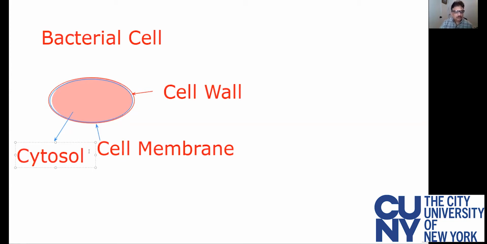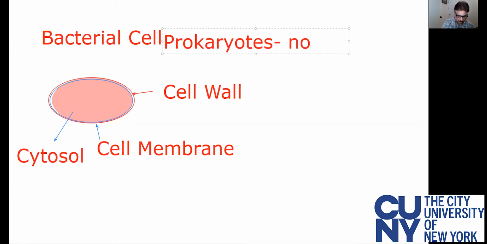But noteworthy, if you remember what I mentioned in the beginning, bacteria are prokaryotes. And the definition of prokaryotes is that they have no nucleus. No nucleus is present in a prokaryote, in a bacterial cell.